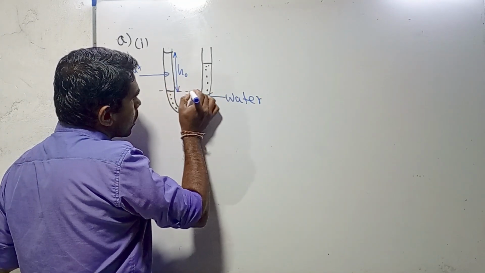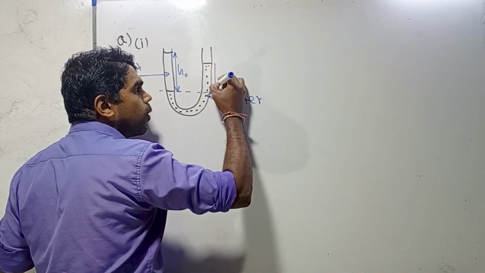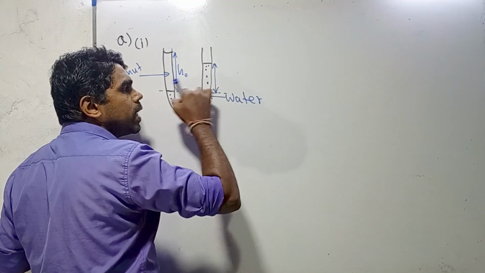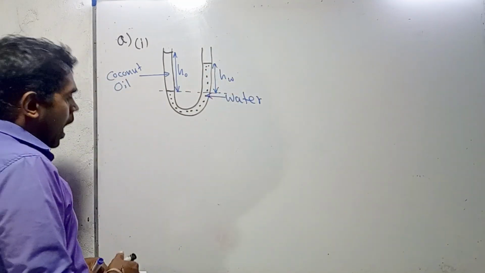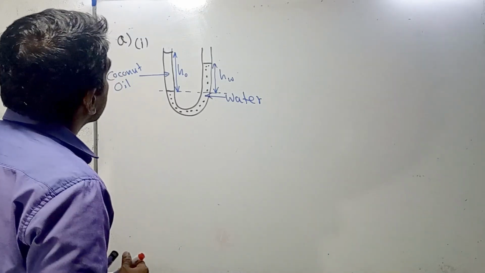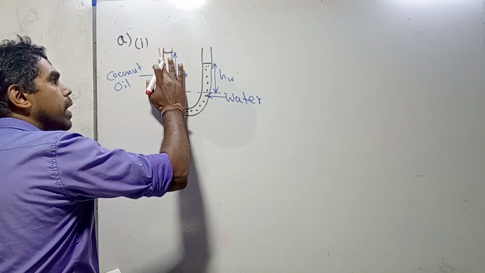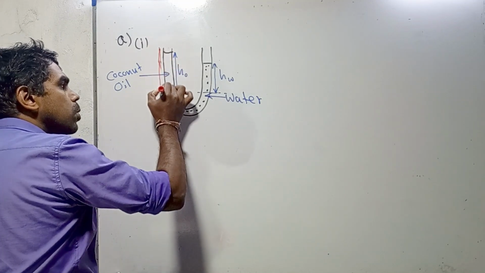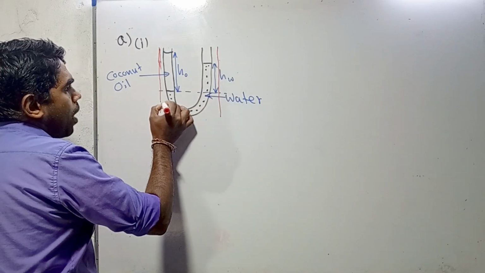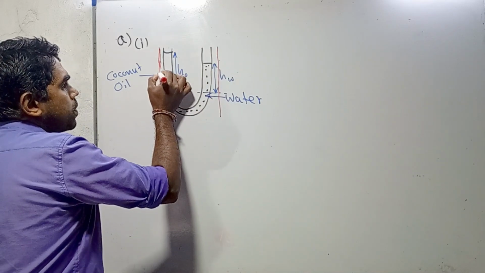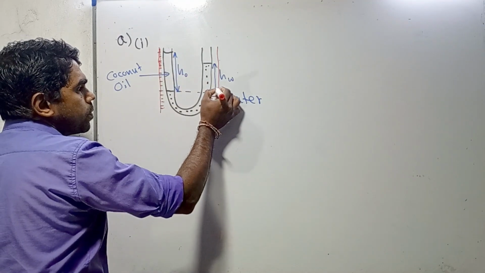And we have to measure the height of the water column from this common interface. I will call it HW. And we have to mark the corresponding scales. We can use two vertical scales like this, or we can paste a scale on the U-tube.